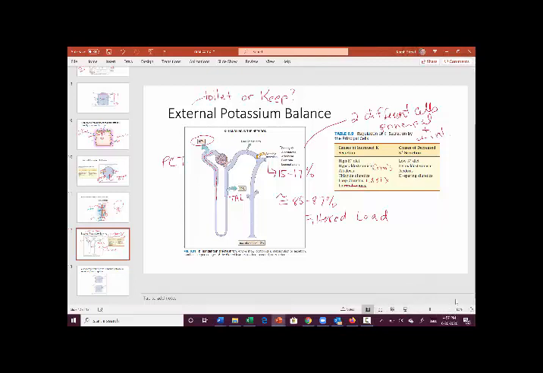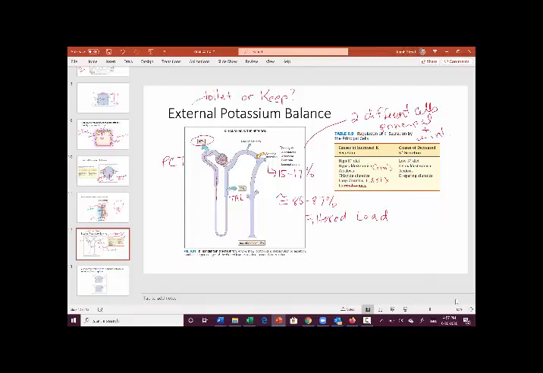So let me just explain why the diuretics can cause changes in potassium secretion, leading to increased secretion. The most commonly used diuretics, like the loop diuretics, Lasix, and thiazide diuretics, cause increased potassium excretion.